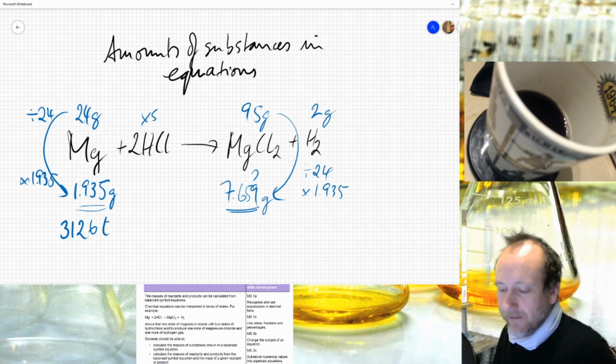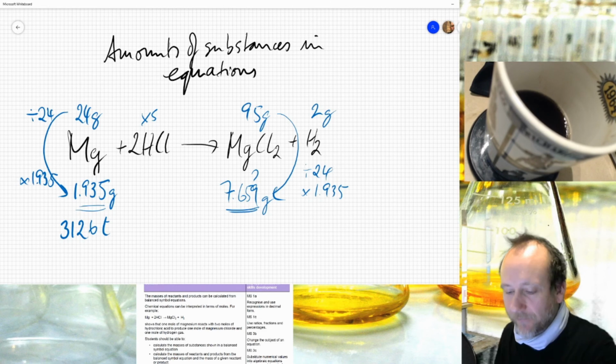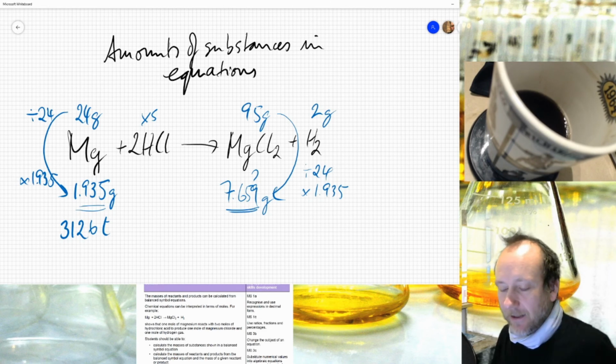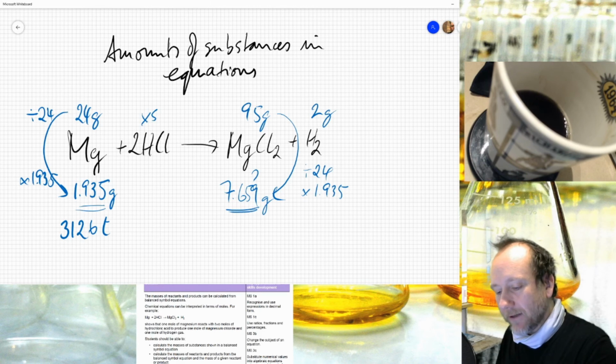So how many tons of magnesium chloride would you get? Well, the first idea is you would get a lot more, because from 24 to 95, that's roughly a factor of 4 going up. And that's another way that you can check this. So 1.935 is roughly 2, and then times 4 is roughly 8. So that's about right. So we'd expect the answer to be about 12,000, something or other.